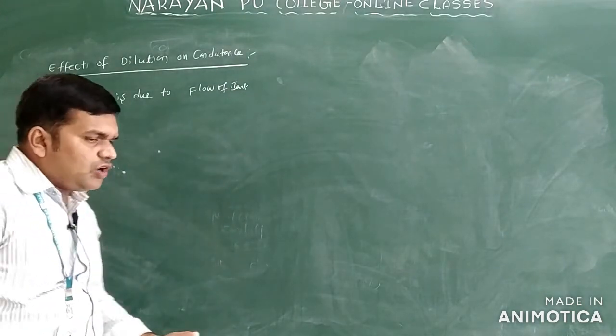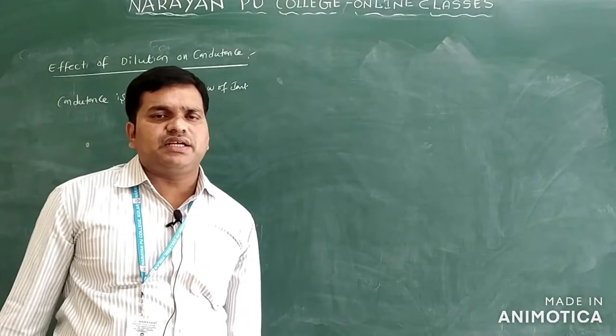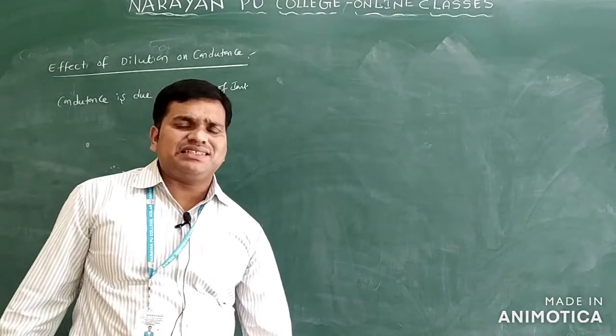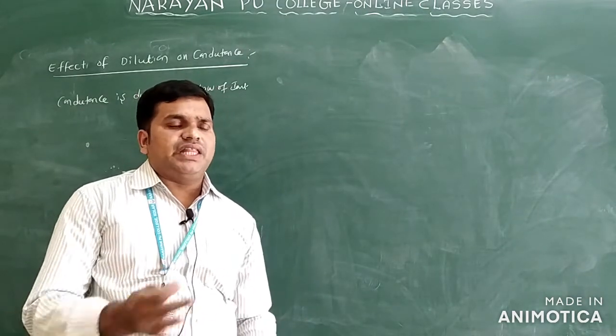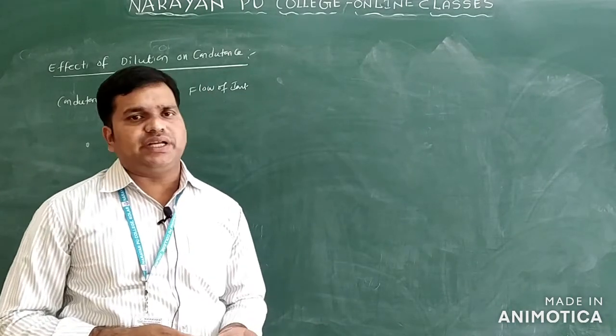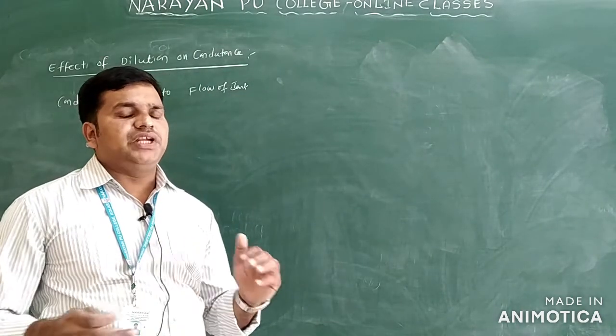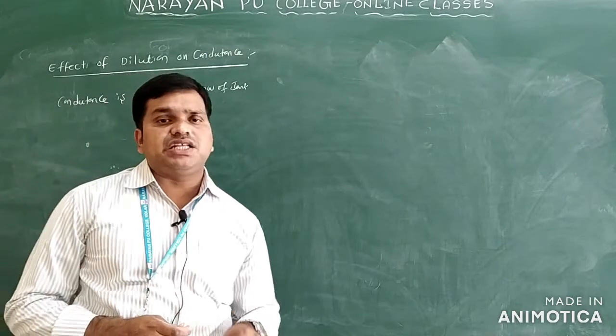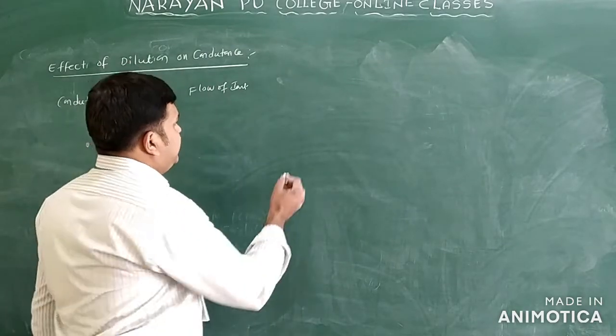If the flow of ions is more, then the conductance increases. If the flow of ions is less, the conductance is less. So when the ions can move freely in the solution, conductance increases. If the ions cannot move freely in the solution, then conductance will be less. I am just taking one electrolyte here.